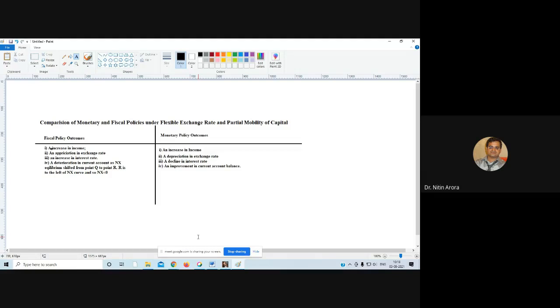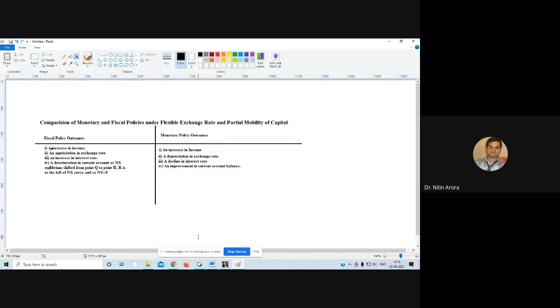Because in both cases income is increasing. In fiscal policy we have appreciation in exchange rate, while in monetary policy we have depreciation in exchange rate. Depreciation obviously will be export promoting also. If the exchange rate is depreciating, you have to pay more for import, demand is going to fall, so imports will be restricted and exports may be encouraged.